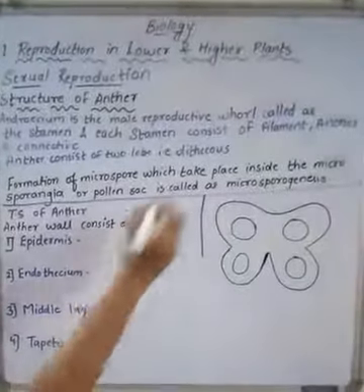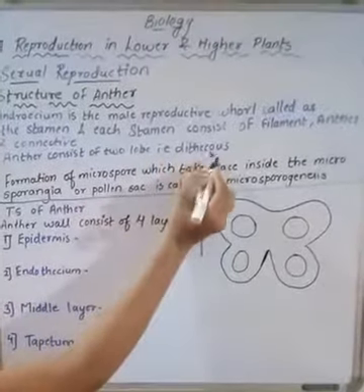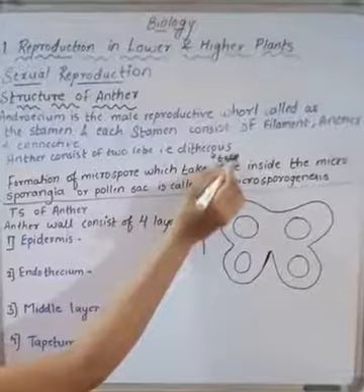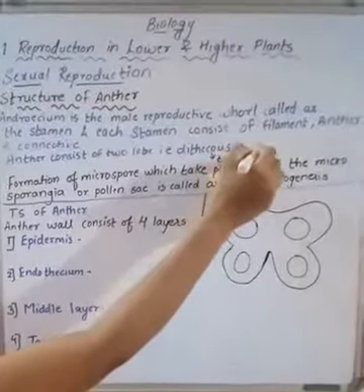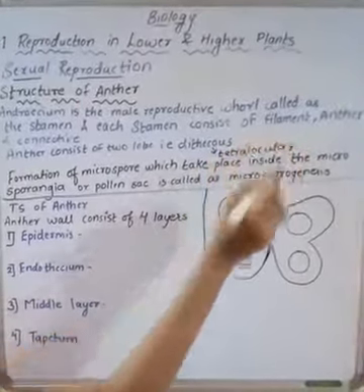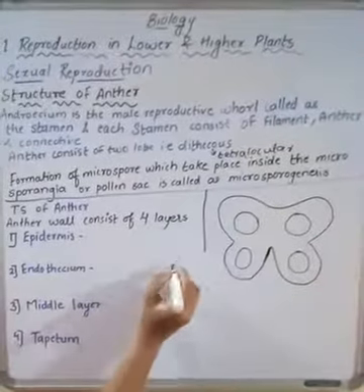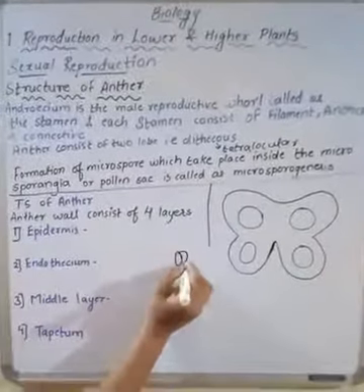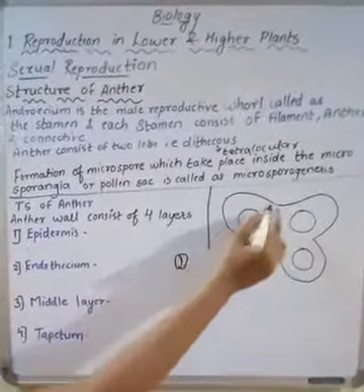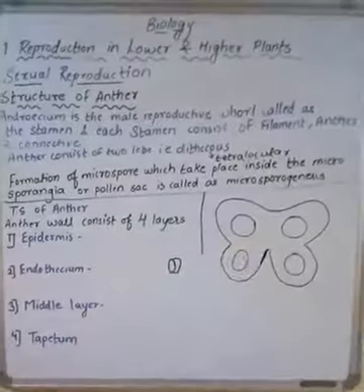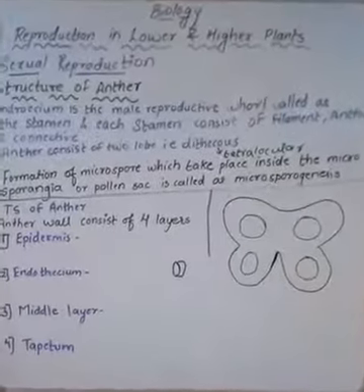So this dithecous anther, internally, we will see a tetralocular structure. Inside one anther, when you dissect it, you will see this tetralocular structure. Clear?